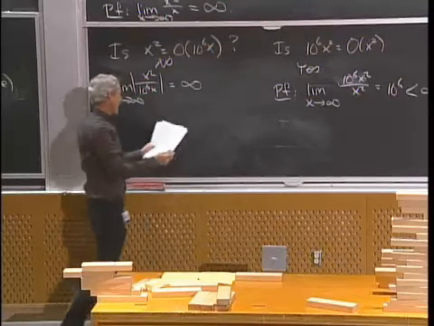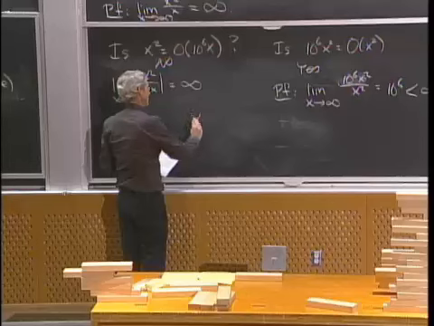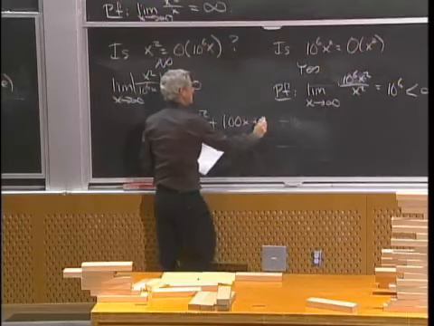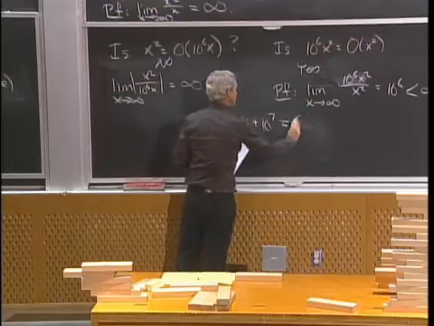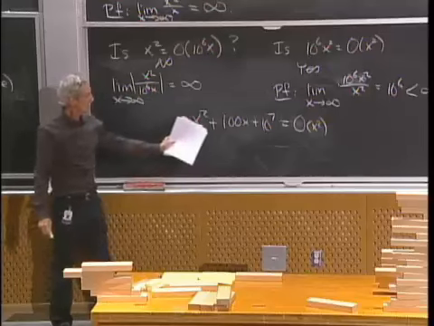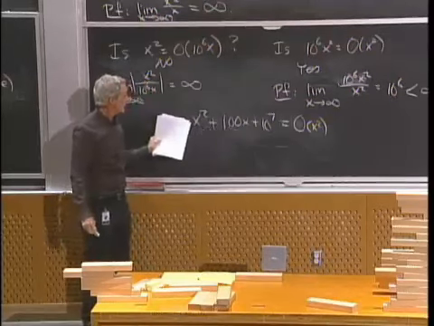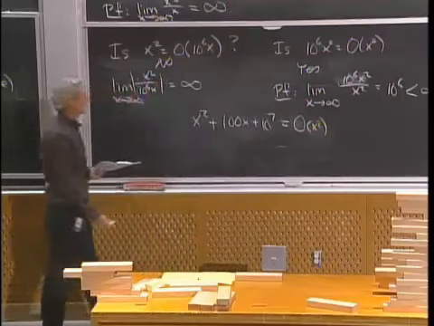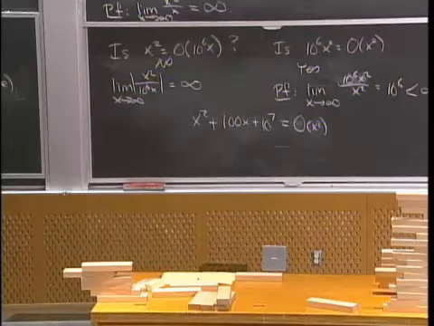In fact, I could take any quadratic polynomial, x squared plus 100x plus 10 to the 7th is O of x squared. Because smaller order terms don't matter. The limit of this over that, in that case, is 1, so it's less than infinity as x gets big.